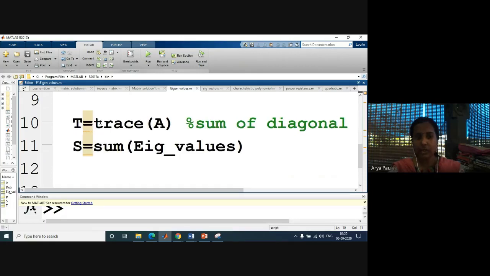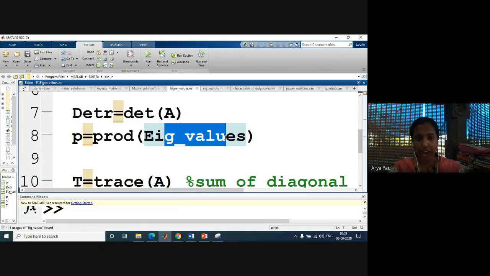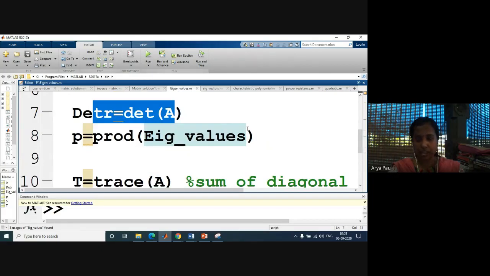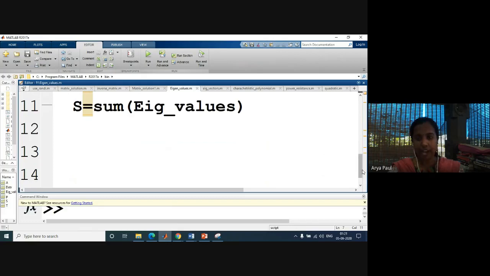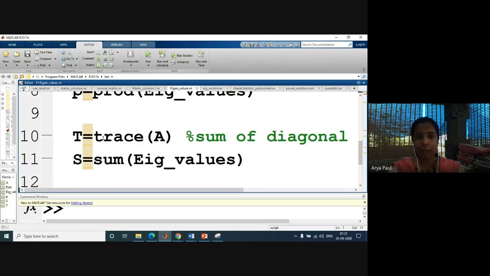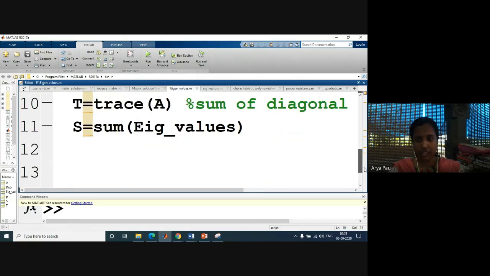I am assigning trace of A to T. So T will be the same as S, the sum of eigenvalues. Once again, the product of eigenvalues will be the same as the determinant of A, and the sum of eigenvalues will be the same as the sum of the diagonal elements of the matrix A, or the trace of A.